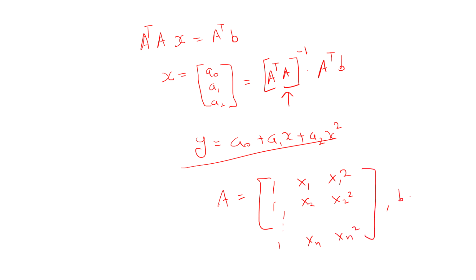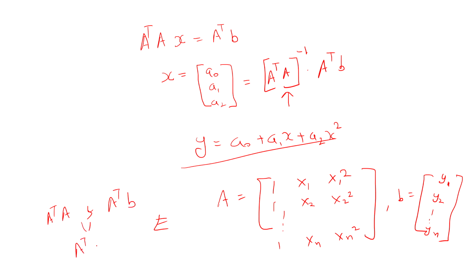Then we will find the matrix B, that is y1 y2 and yn. Then we will find out A transpose A and A transpose B. We will multiply these two, A transpose A inverse multiplied with A transpose B, and that will be my solution vector a, and a is nothing but a0, a1 and a2. So this is how we can do the linear regression with the help of Taylor series.